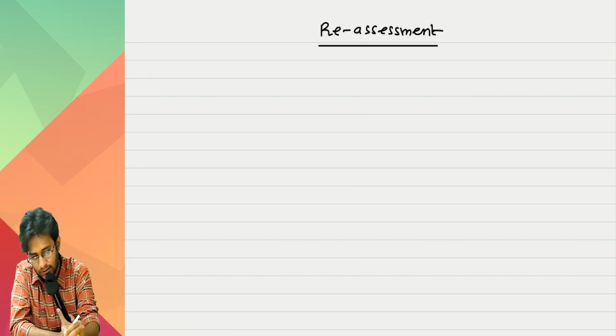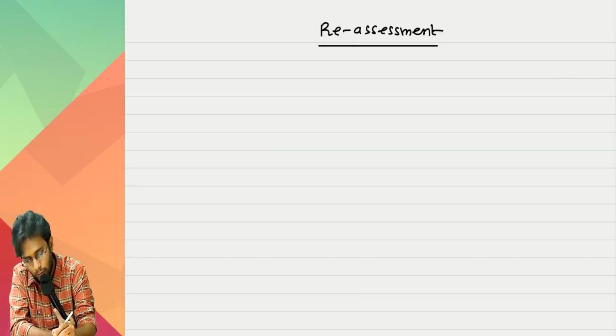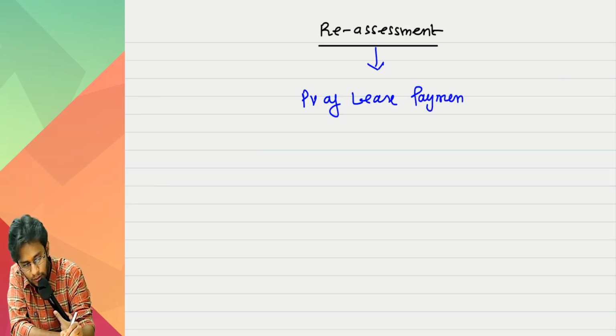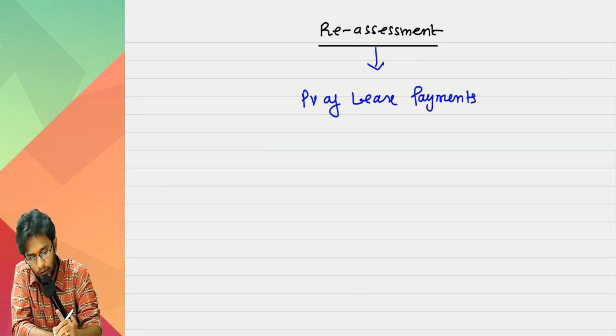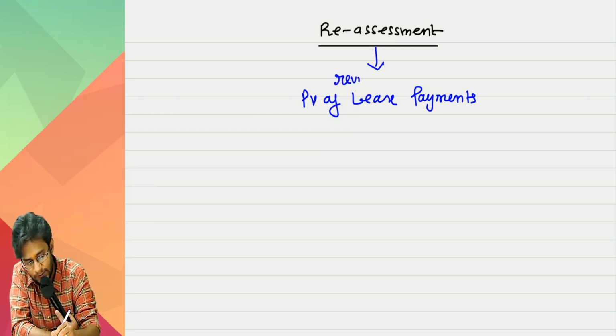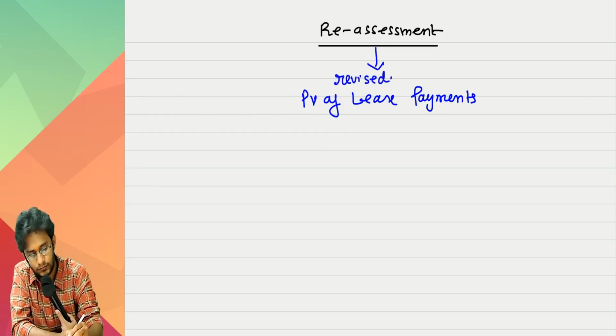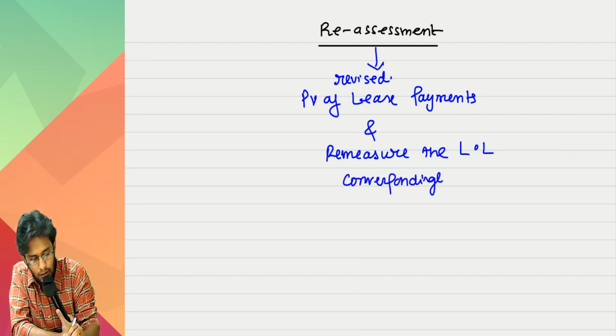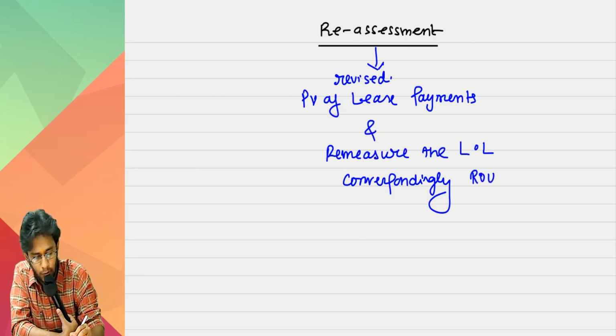Whenever there is a reassessment, all you have to do is work out the present value of revised lease payments, and remeasure the lease liability correspondingly, with impact to ROU asset.